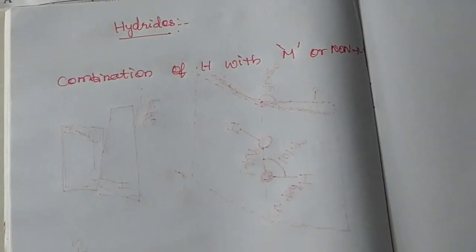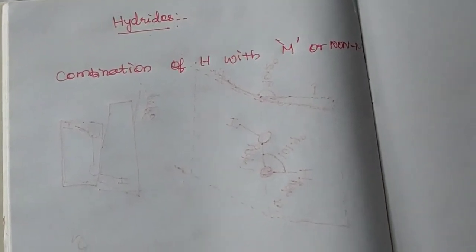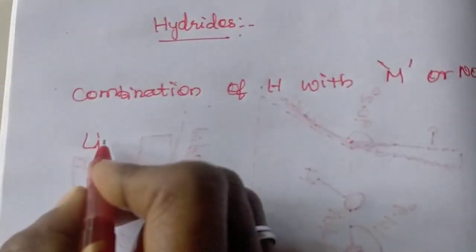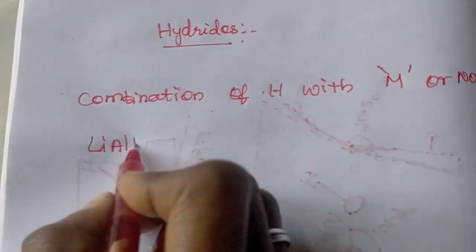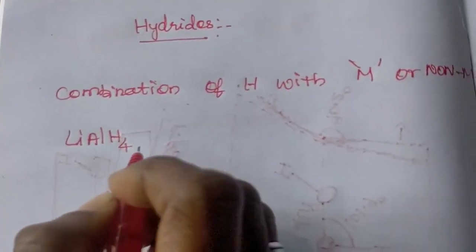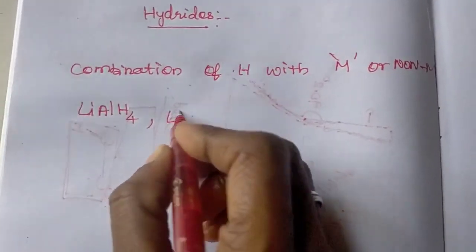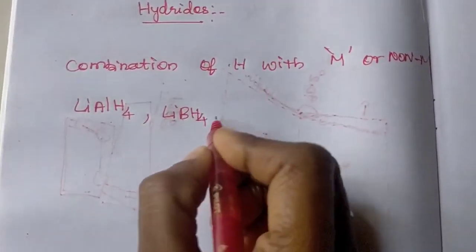It can also form ternary hydrides with two metals. For example, lithium aluminium hydride. Another example, lithium borohydride.